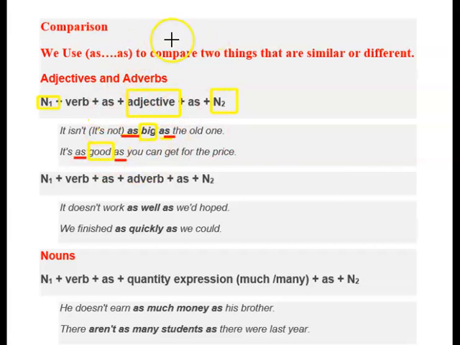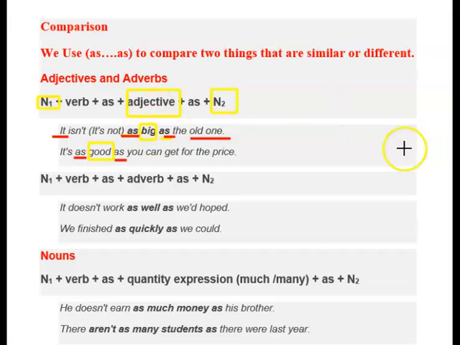We use as, a positive adjective, just simple adjective as big, small, nice, cheap. Okay, and then the other as, and we have noun number one and noun number two. So here, if you notice, this is noun number one. This is noun number two. Okay, and this is the structure. Same thing here. Okay, noun number one, noun number two, as, and the adjective, a positive adjective.